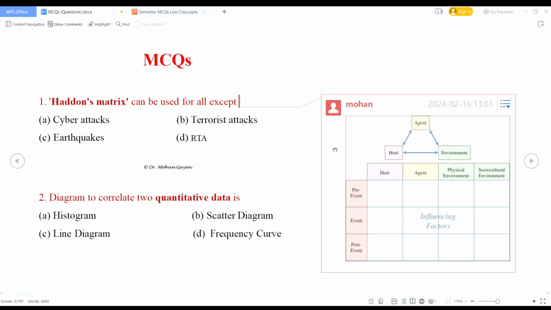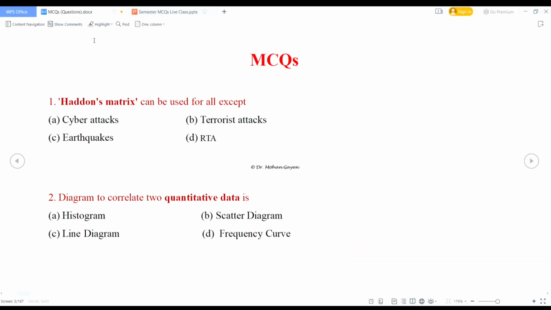Please see the Haddon's matrix carefully. So Haddon's matrix can be used for RTA, earthquakes and for terrorist attacks. So the right answer is cyber attacks, because Haddon matrix cannot be used for cyber attacks.